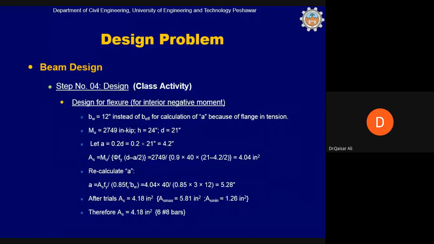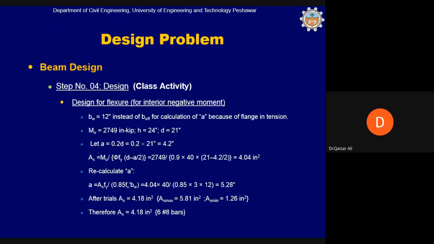When the midspan of the beam bends down, then the compression part is within the slab, and the slab has a larger width as compared to the beam web width, and for this reason we have to calculate the effective width of the beam.